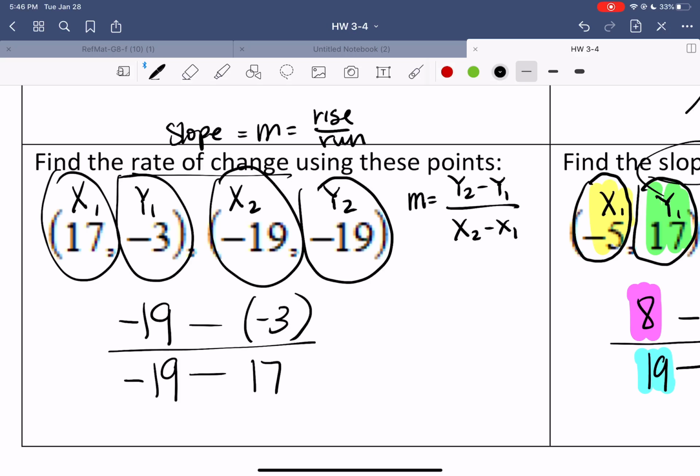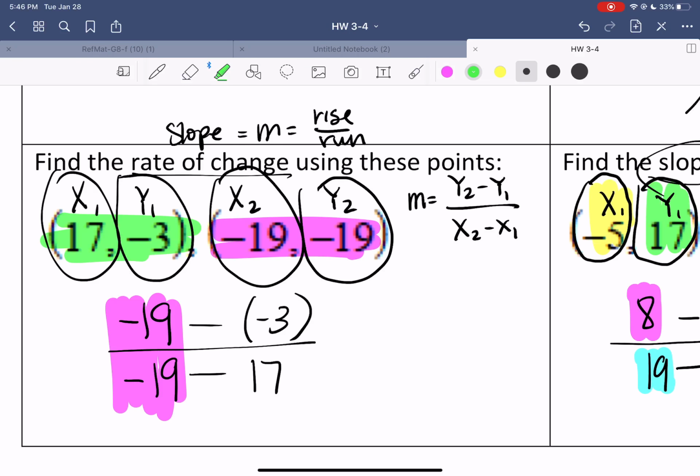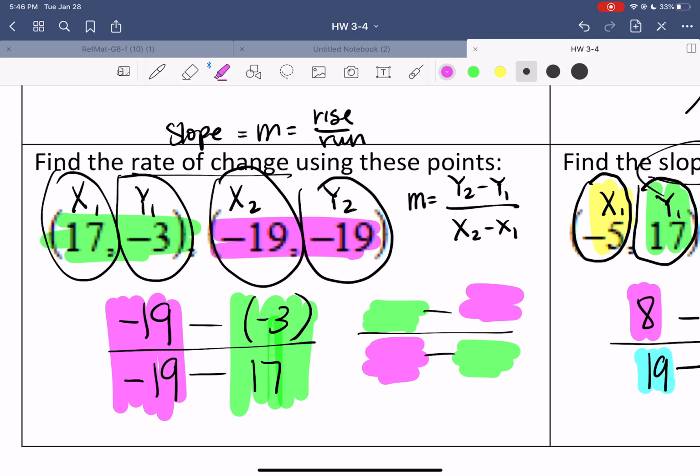So if you're ever worried that you have the wrong numbers associated with it, your coordinate pairs are always going to be on top of each other. If you end up getting an answer where you have green and pink like this, I don't know if you're using colors, but that would be wrong.